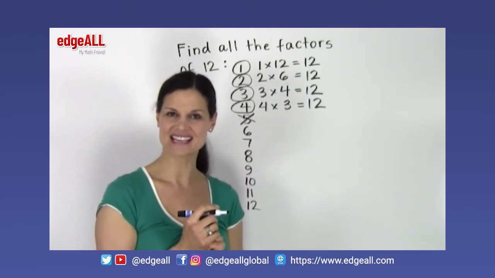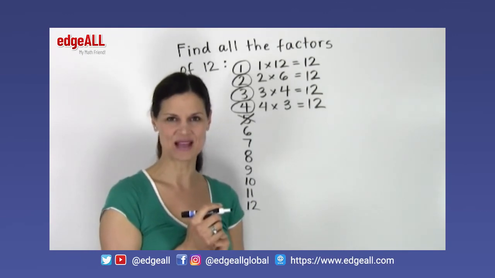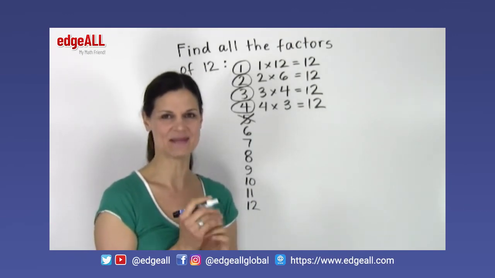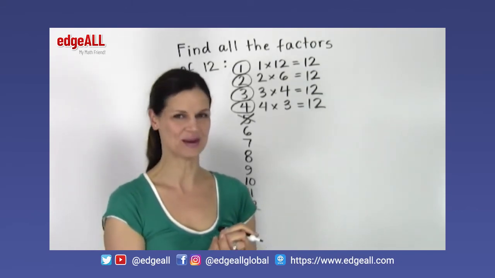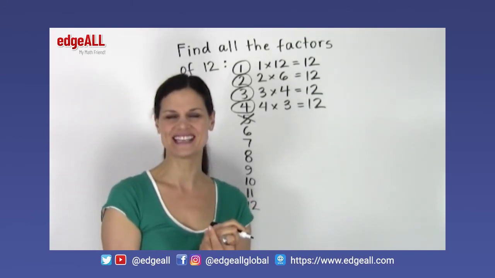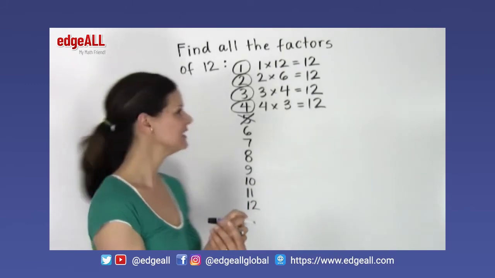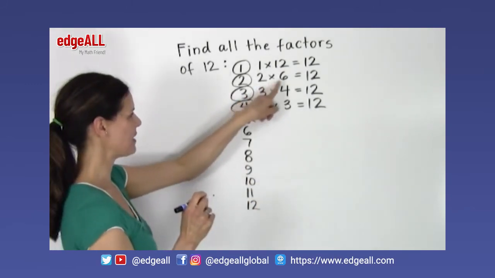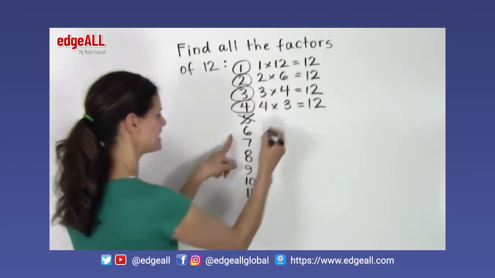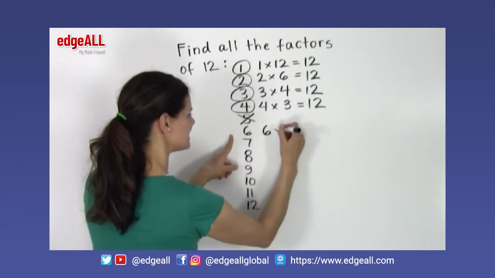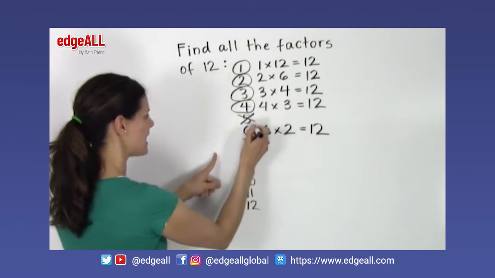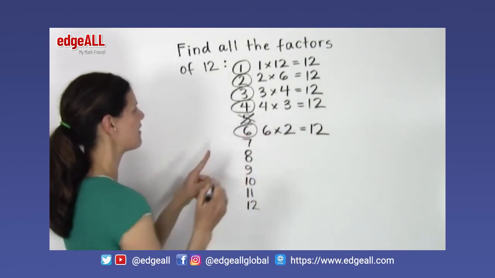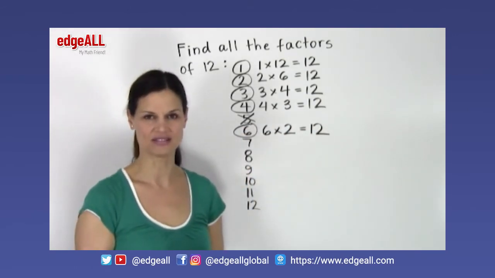Now I'm at 6. What whole number can I multiply by 6 to get the product of 12? Similarly to 2 times 6, I can do 6 times 2 equals 12. So yes, 6 is a factor of 12.